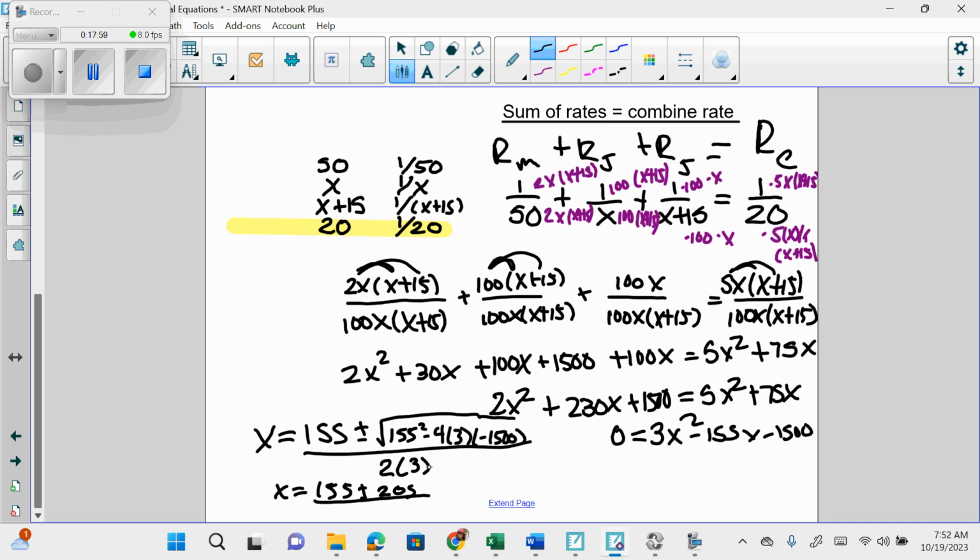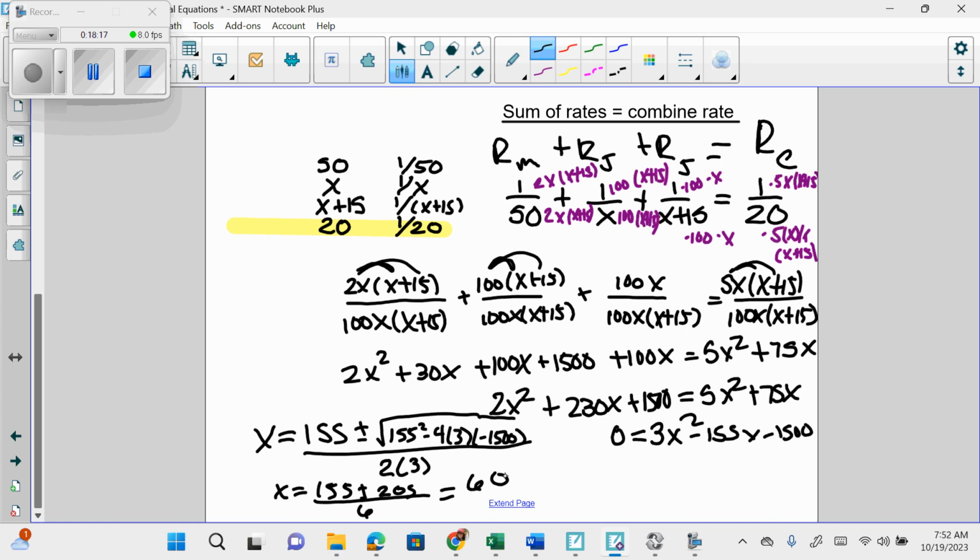So that ends up being the square root of a big number, which comes out to be 205. So let's see, 155 plus 205 divided by 6. We get one answer is 60. And then 155 take away 205.